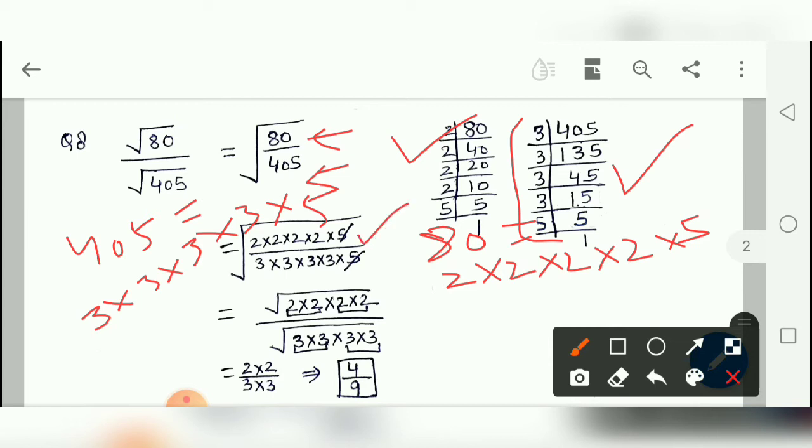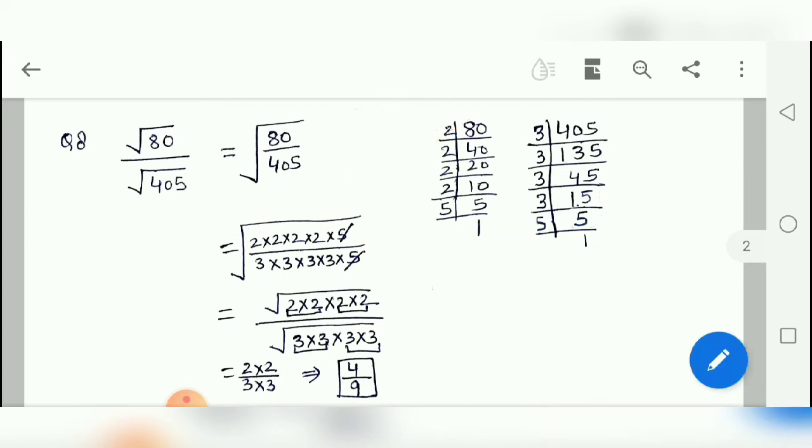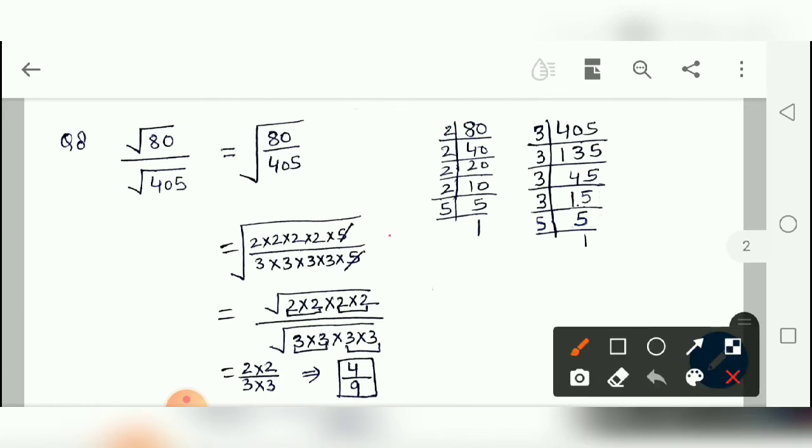Now in this step we have put these factors instead of 80. Here these are the prime factors of 80 we have written, and here we have written the prime factors of 405.